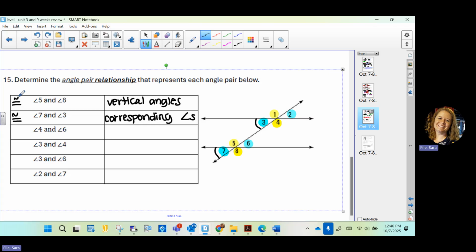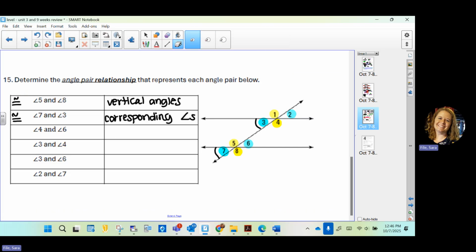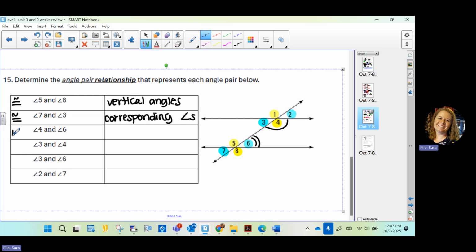Okay, now we want to look at 4 and 6. So angle 4 and then angle 6. Those are different colors, aren't they? Yellow and blue. So I know those are not supposed to be congruent. I know they're supposed to add to 180. Do y'all agree?